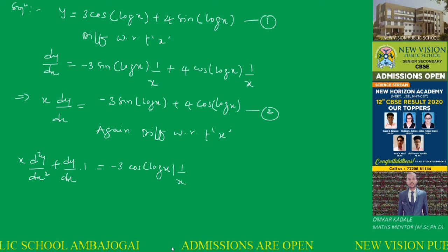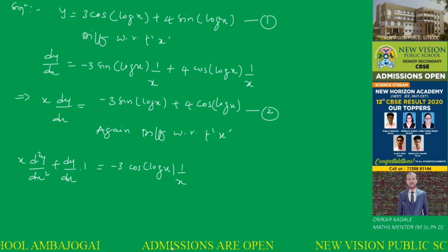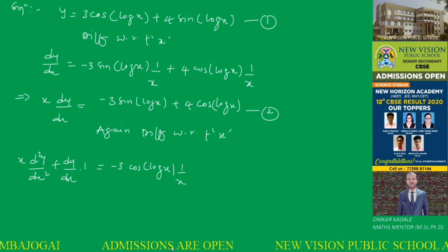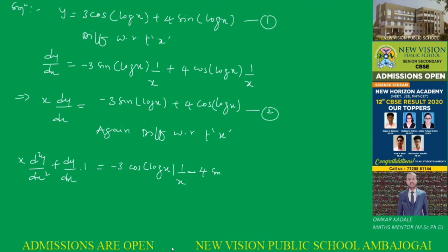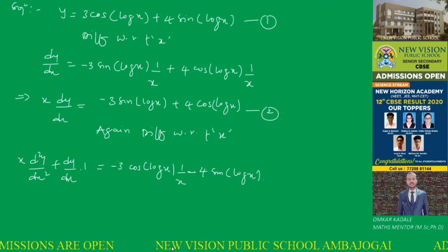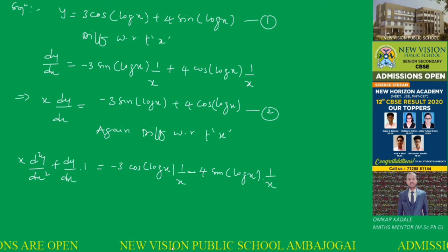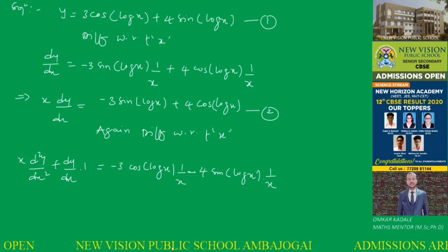Then cos log x: differentiation of cos x is minus sin, so plus into minus gives minus 4 sin log x into the differentiation of log x, again 1 by x.